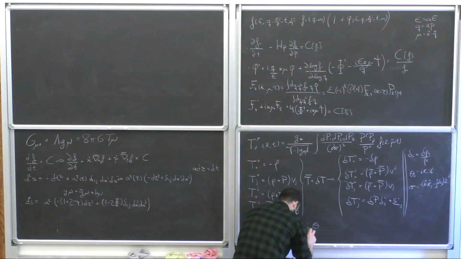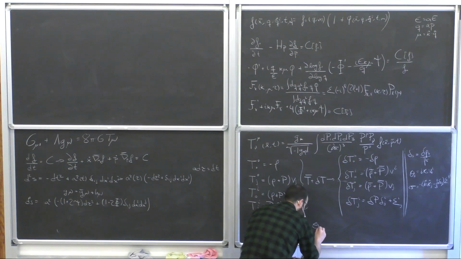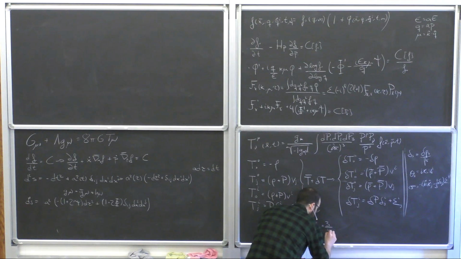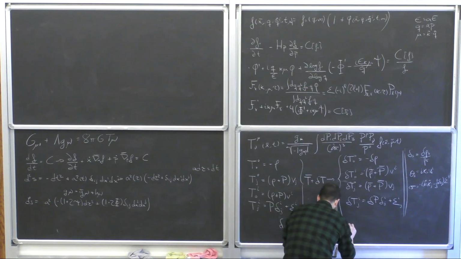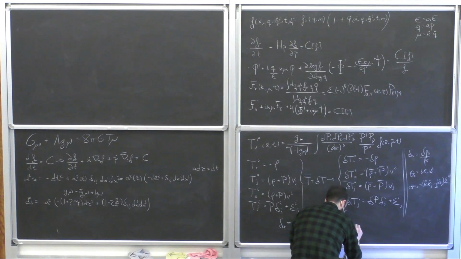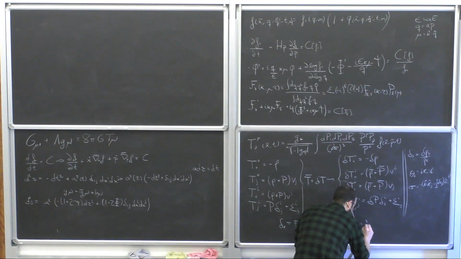What corresponds to theta S, so theta gamma, would be proportional to the dipole. And the shear is proportional to the quadrupole.